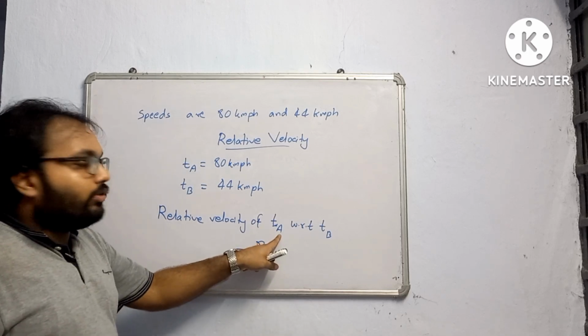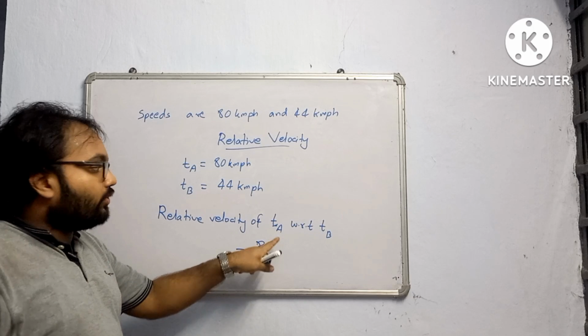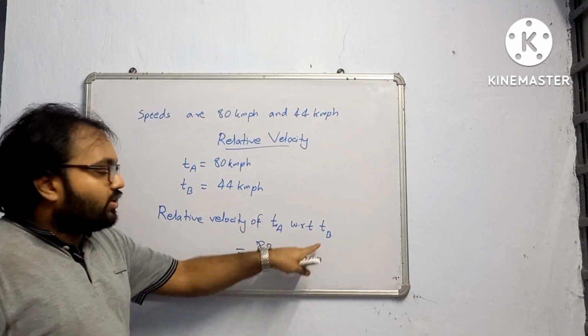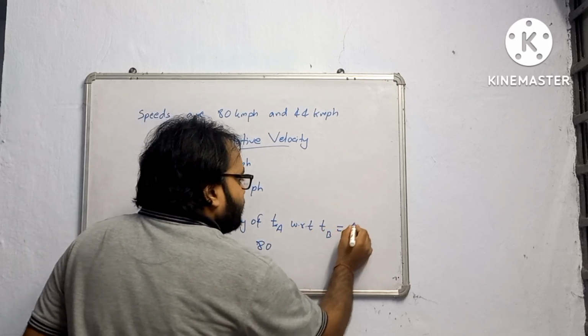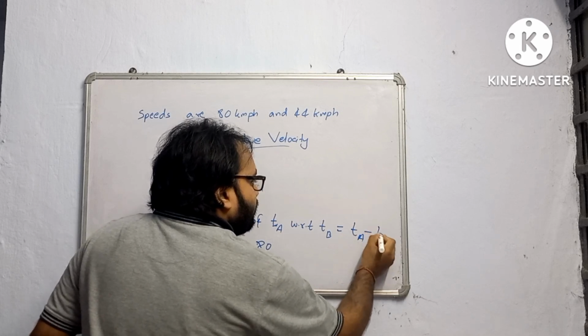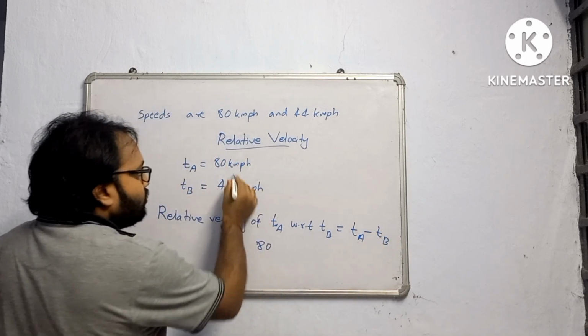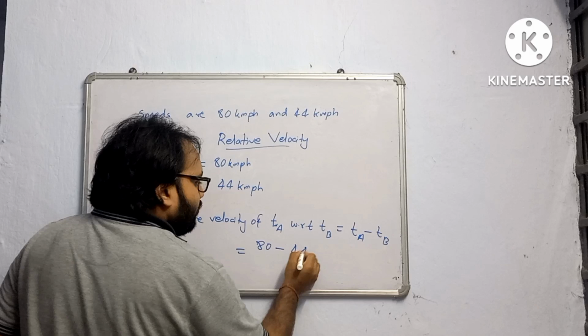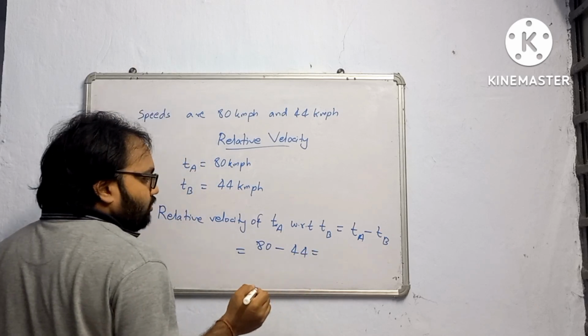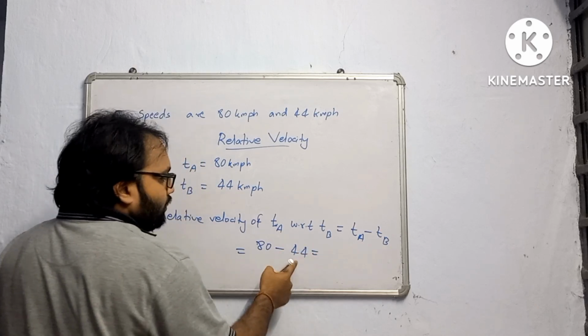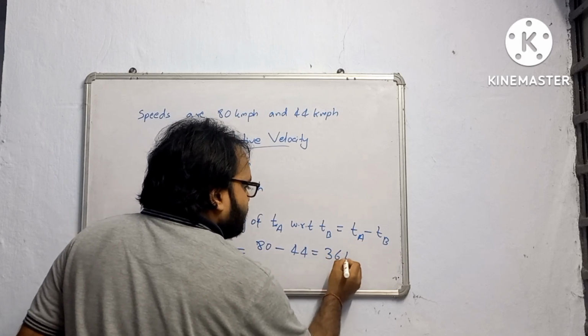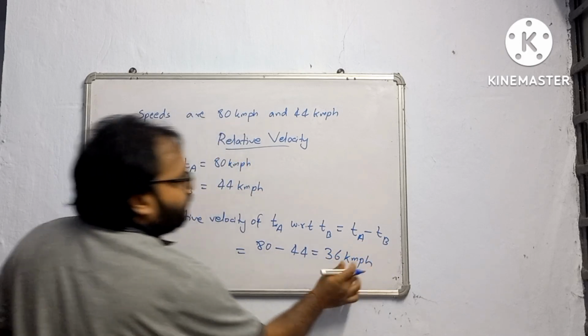Why? I have told you in the previous video, relative velocity of train A with respect to train B, again I am writing here, is equal to velocity of train A minus train B. So 80 minus 44 is equal to 36. 36 unit is kilometer per hour, you have to remember.